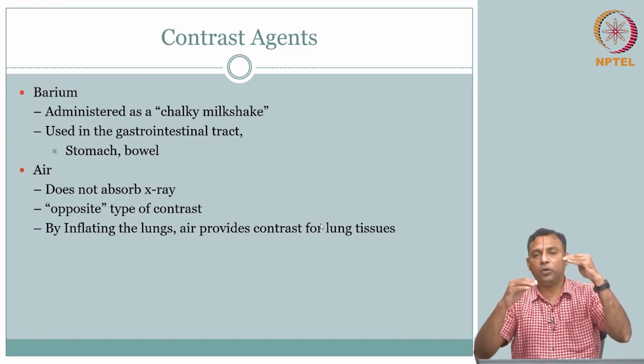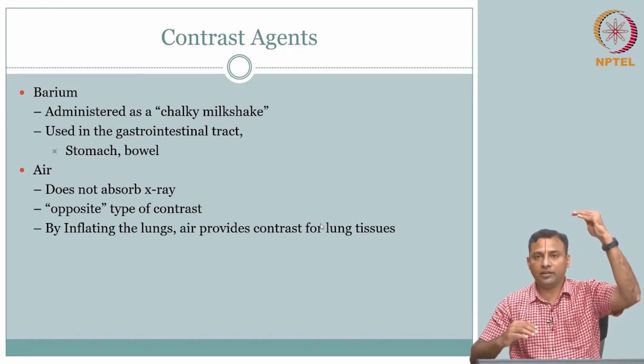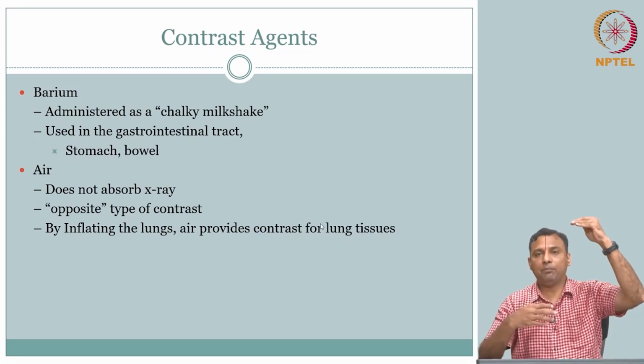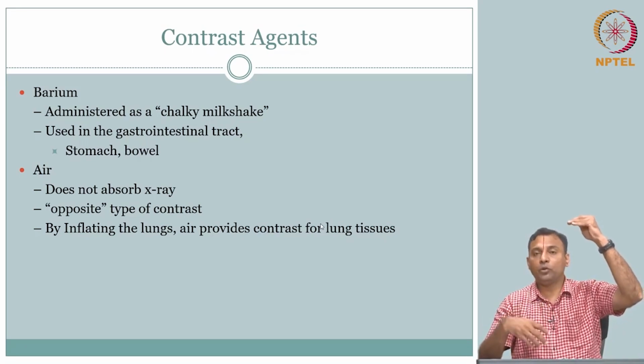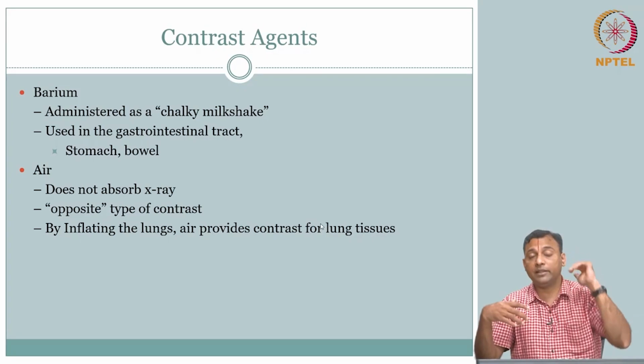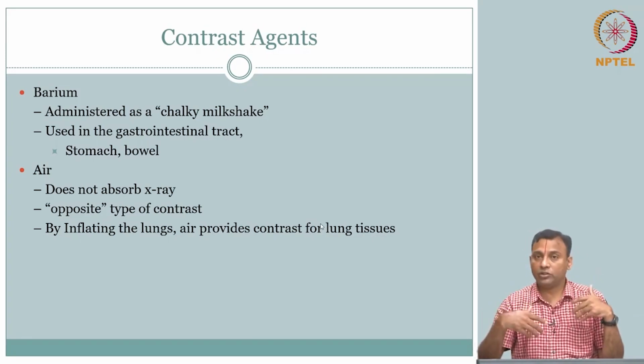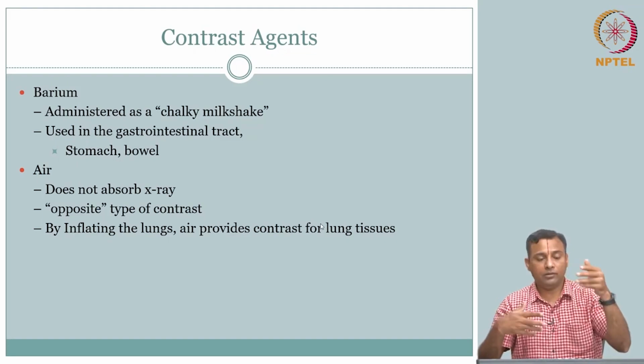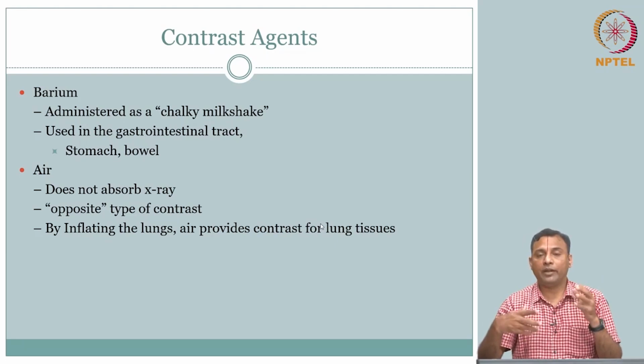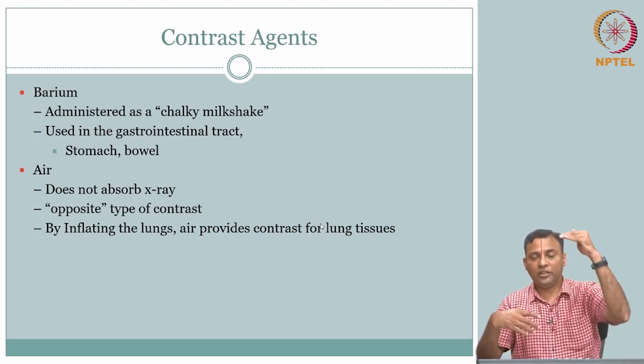Oh, I could actually do both. For example, if I want to do bladder or bowel or something like that, I can have air also. The air is there, and you could have barium. So if I take barium, attenuation is increased.